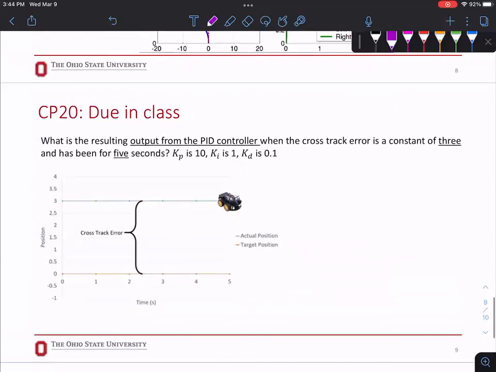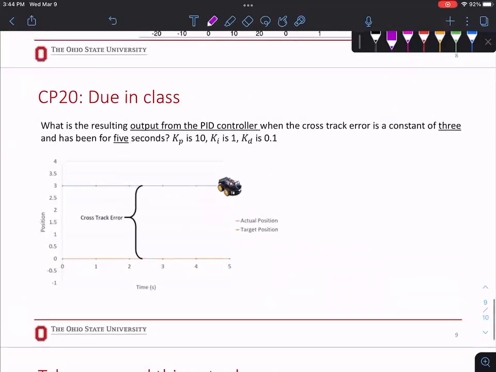Now, your class participation, I'm going to help you with this. I will read this, I will explain what to do, but I want you to do it and submit whatever you have, okay? So the question says, what is the resulting output from the PID controller, the PID output, when the cross-track error is a constant of 3? So this is your cross-track error. If you look, you have position and time.